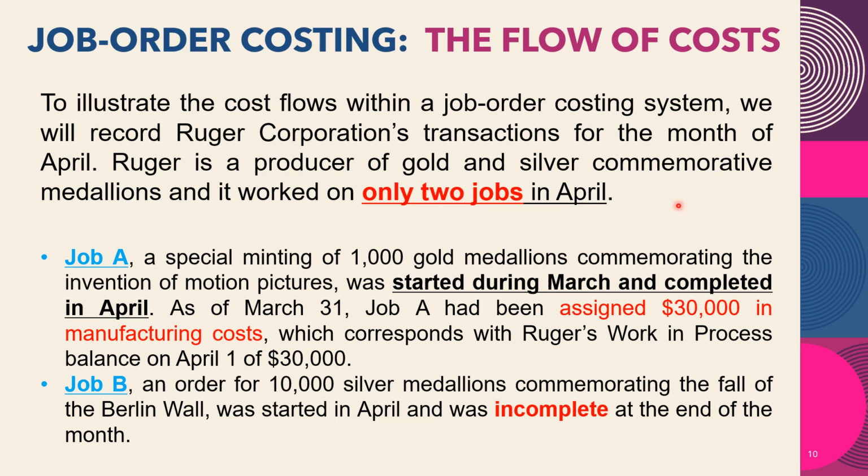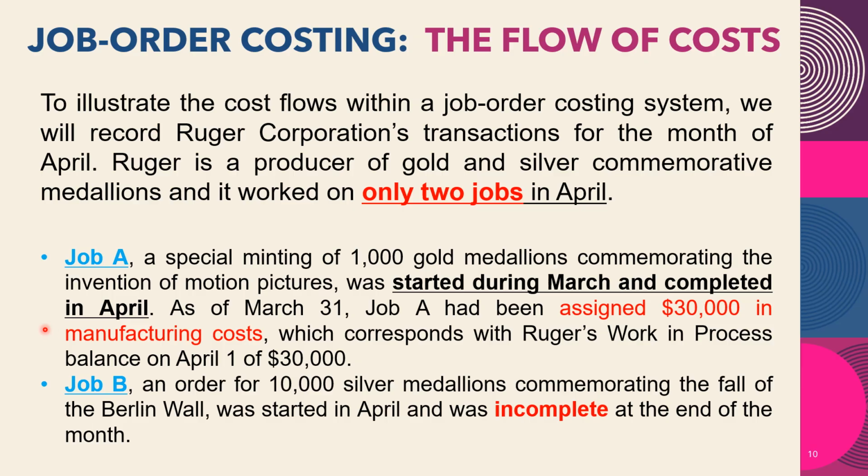To illustrate the cost flows within a job order costing system, we will record Roger Corporation's transactions for the month of April. Roger is a producer of gold and silver commemorative medallions, and it worked on only 2 jobs in April. Job A is the special minting of 1,000 gold medallions commemorating the invention of motion pictures. It was started during March and completed in April.